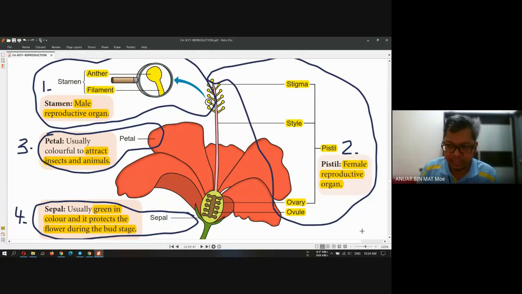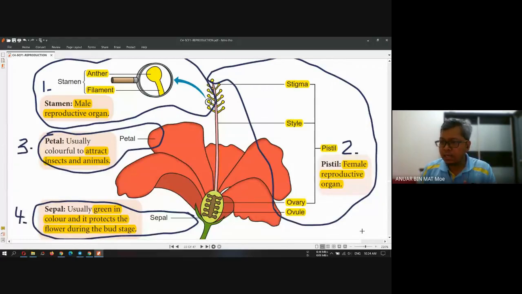Yes, correct. If the question asks you that, number 3 and number 4 do not directly get involved in the reproduction of the plant. For example, you just read it on the diagram there. Number 3 is just to attract animals or insects. Number 4 is to protect the flower only.